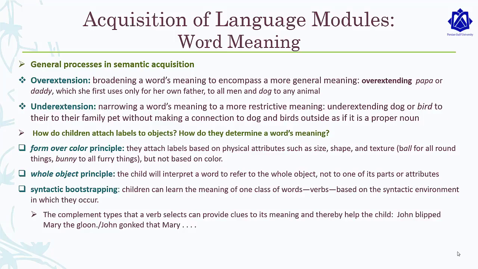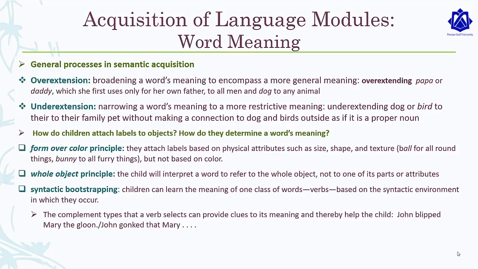Or if you say table, it refers to the whole thing rather than to its legs. So we have this whole object principle as facilitating learning the meaning of words. When they use a word, they use it as a label for the whole object rather than for its parts or for its features.